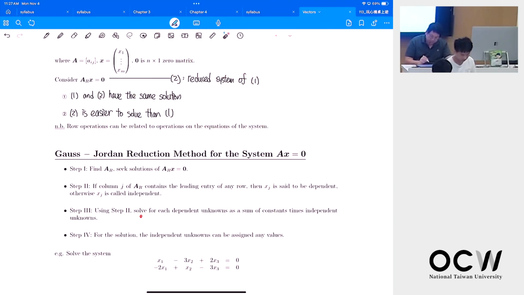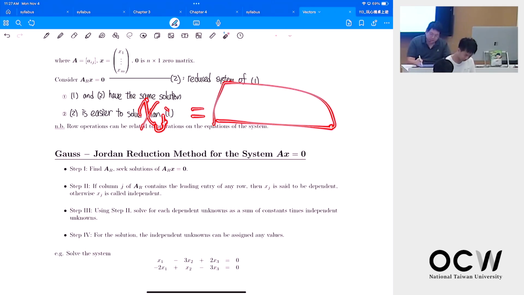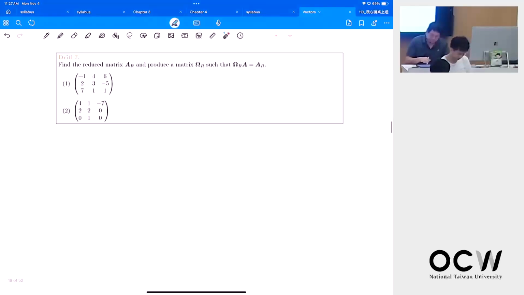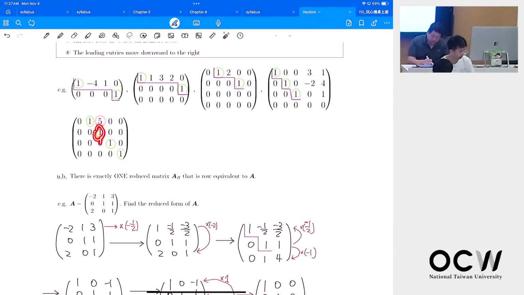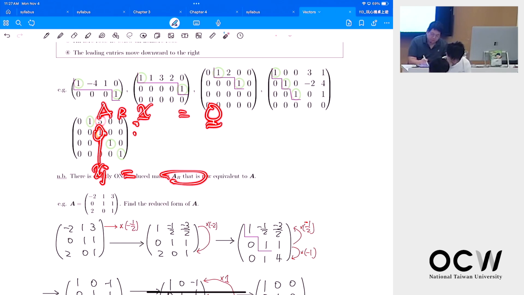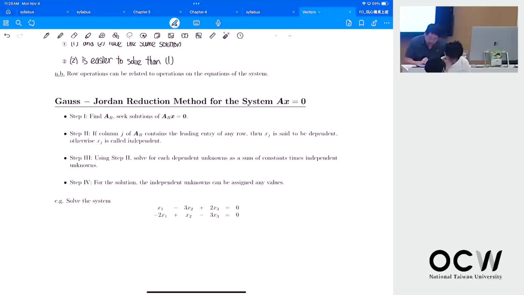Then solve. Because I have a leading entry, the leading entry can be expressed as something, right? If I have a leading entry, this is xj, then xj should be equal to something. When we do the reduced matrix, finally I have something here. So this is your xj. Leading entries will be your dependent variables. Solve the dependent unknowns as a sum of a constant times the independent unknowns.